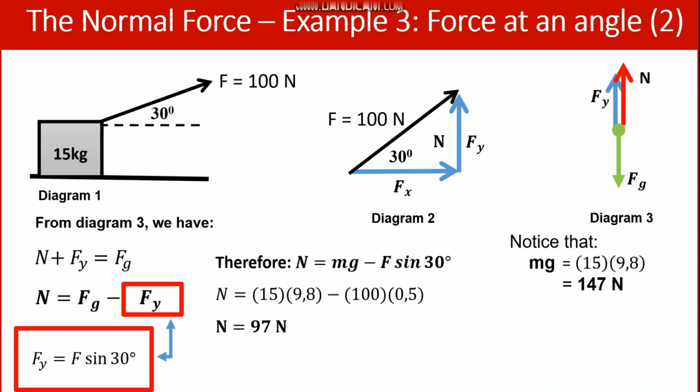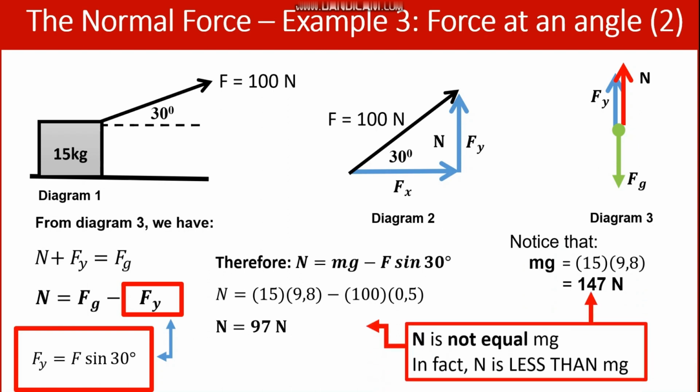Notice that mg is equal to 15 times 9,8, which is 147 newtons. If you compare those two, they don't have the same value. Mg equals 147 newtons, while the normal force is 97 newtons. Therefore, we can conclude that the normal force N is not equal to mg.